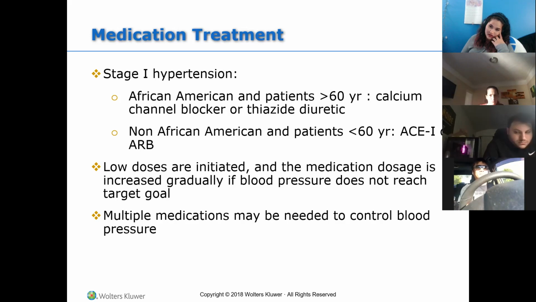Amlodipine is a calcium channel blocker. Yeah, it's probably amlodipine. I just don't know why thiazide is specific to the African American population. No, a calcium channel blocker is nifedipine. Nifedipine, okay. But no, thiazide is used for everybody.